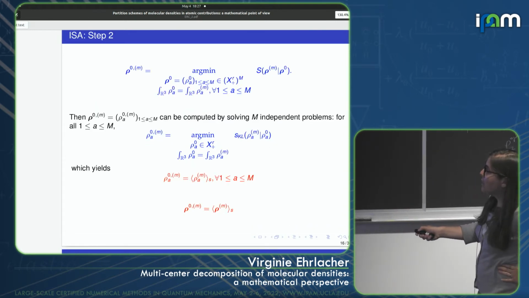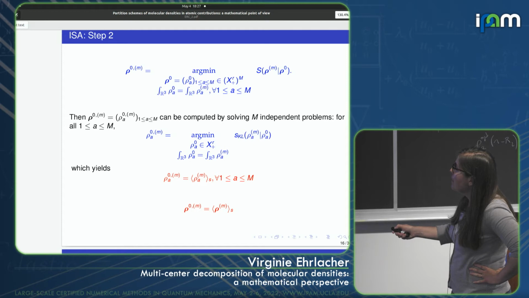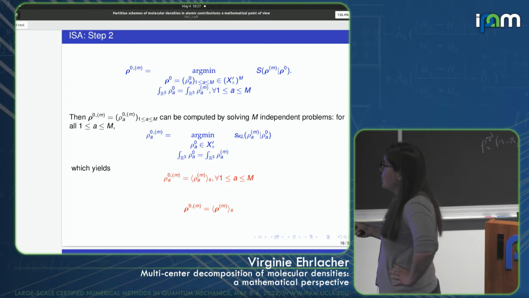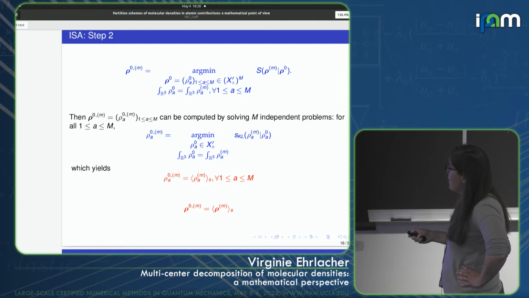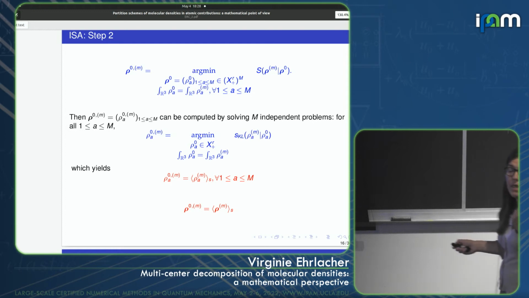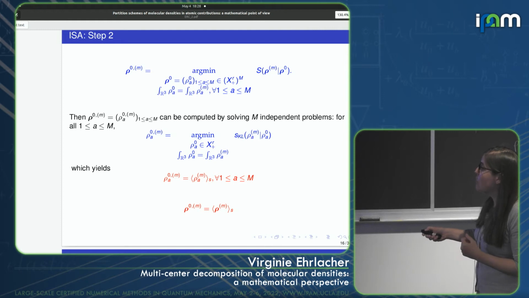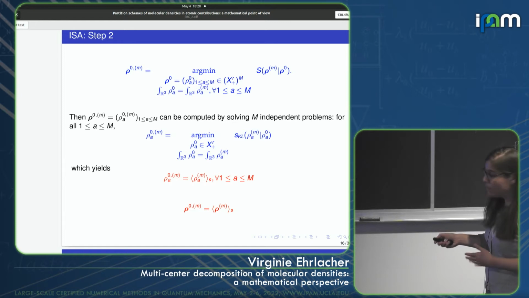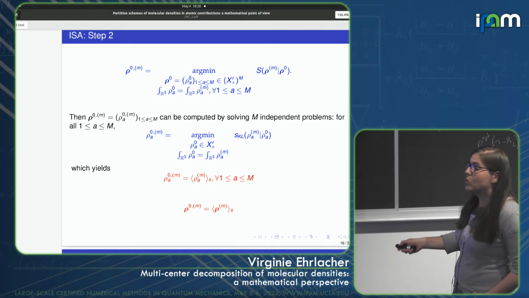For all A between 1 and M, rho A0m is the minimizer of this problem here. You want to find the radially symmetric, non-negative function that minimizes this Kullback-Leibler entropy under the constraint that the integral of rho A0 is equal to the integral of rho AM. From the previous observation I told you about, it automatically gives you that the unique minimizer of this problem, rho A0m, is the spherical average of rho AM. This is the case for all A between 1 and big M, and I use this shorthand notation.